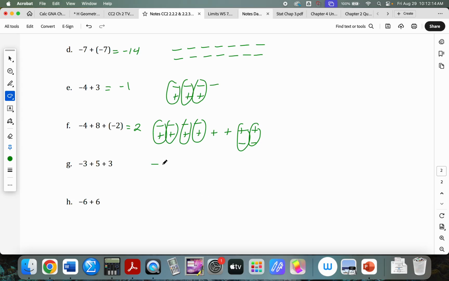Here we've got 3 negatives, followed by 5 positives. Followed by another 3 positives. So these add out to 0 and leave us with a value of 5. And then here, they're all just going to add out, right? We get a value of 0.